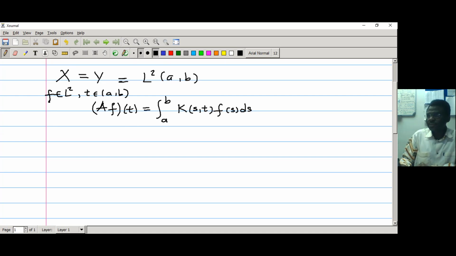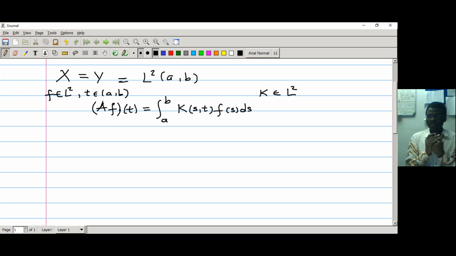We assume that k is L2, and it is L2 of two variables.